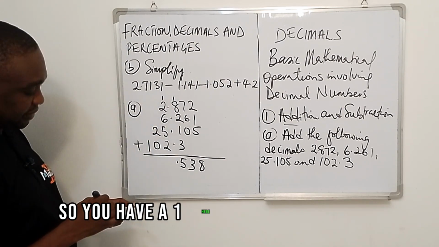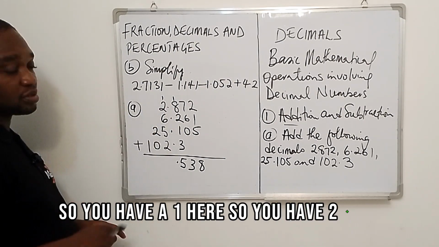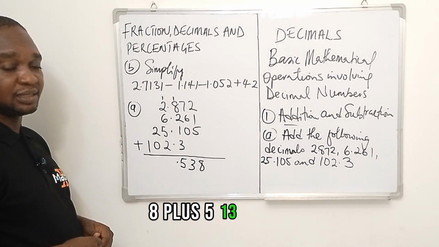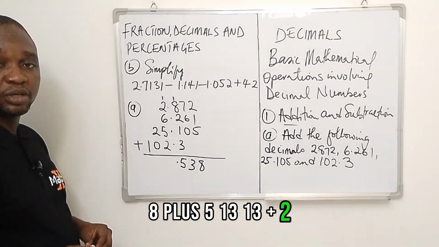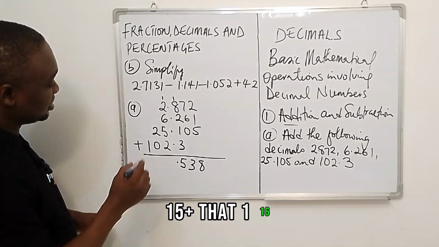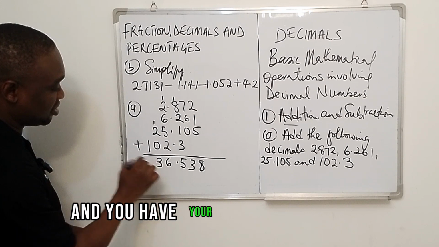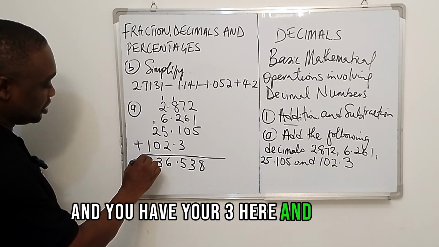So you have a 1 here. So you have 2 plus 6, 8, 8 plus 5, 13, 13 plus 2, 15, plus that one, 16. So you have a 6 and you have your 1 here and you have your 3 here and your 1.